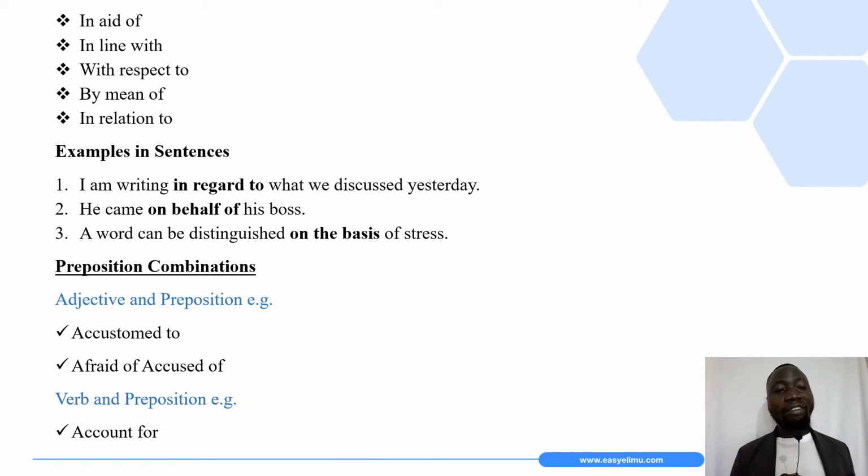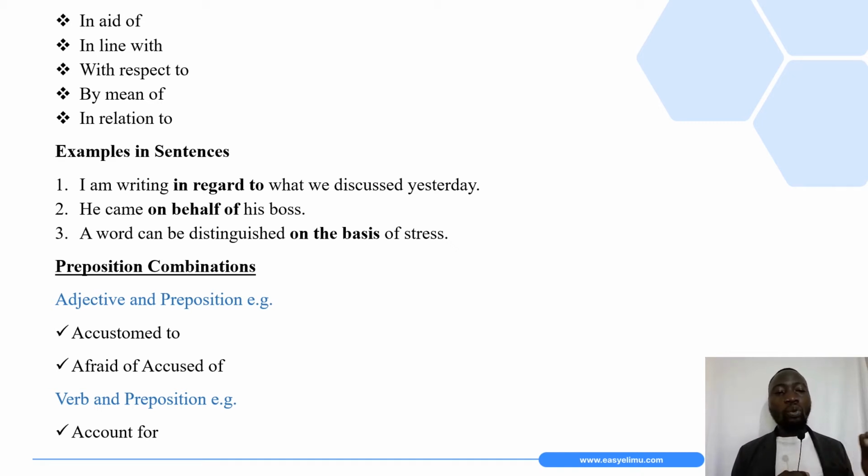So we also have in aid of. So in aid of is also a three-word complex preposition. There is in line of. We also have in respect to, by means of, in relation to. We have according to, in relation to, in accordance with. They are very many. The list is endless.